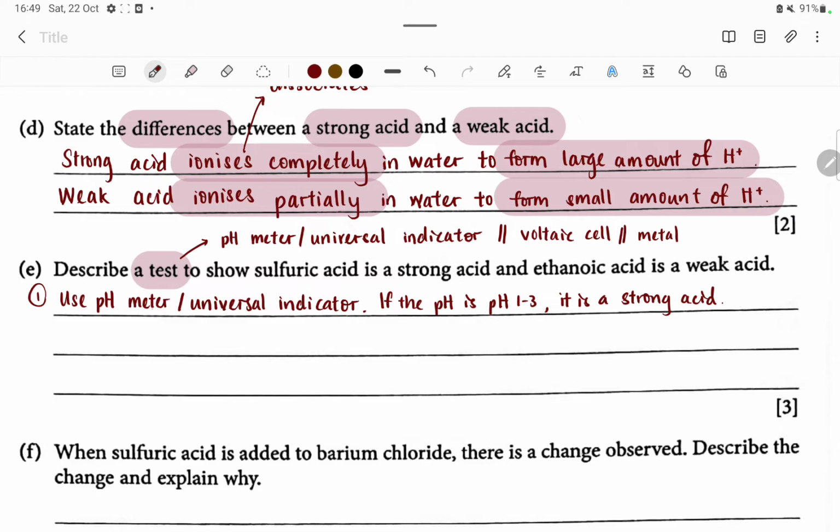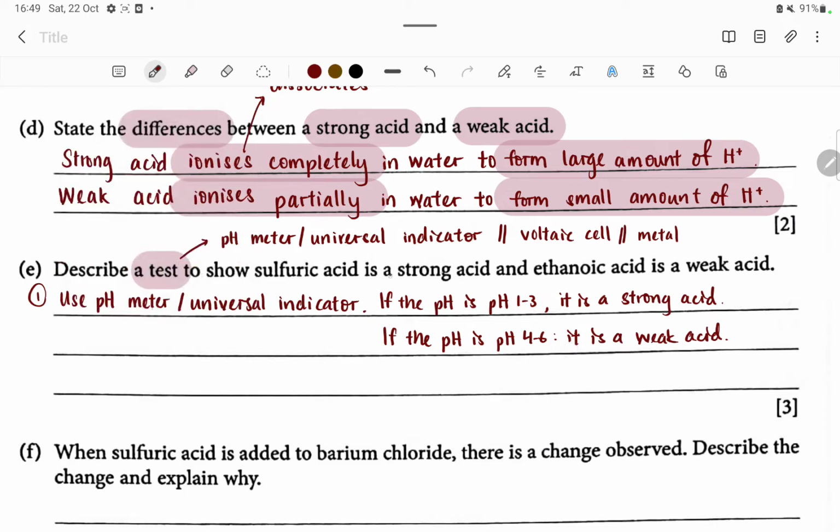And then if the pH is 4 to 6, it is a weak acid. So same observation for universal indicator, but you have to write it in a different way.